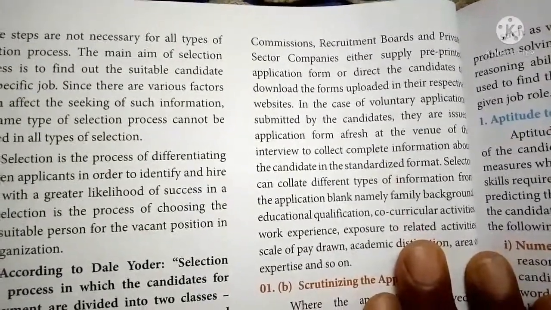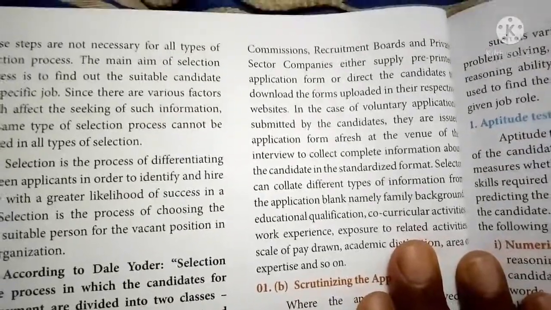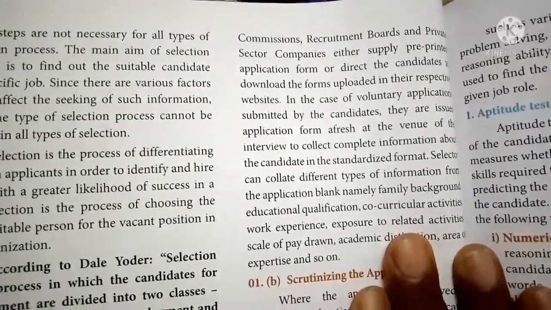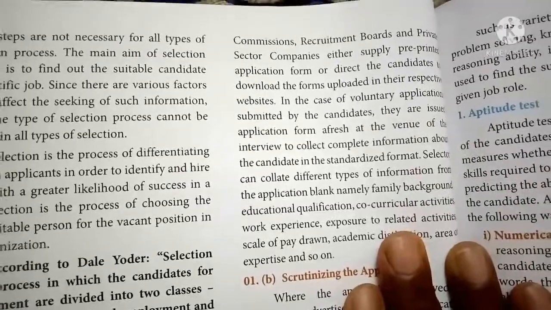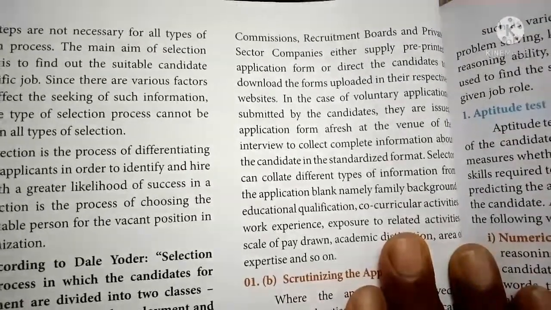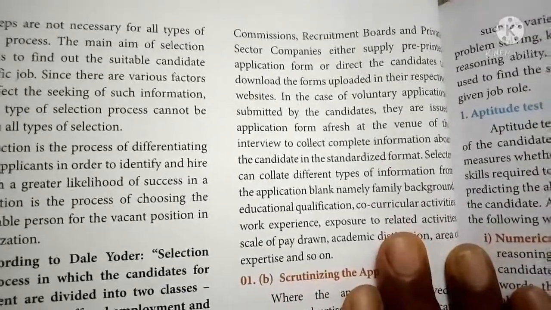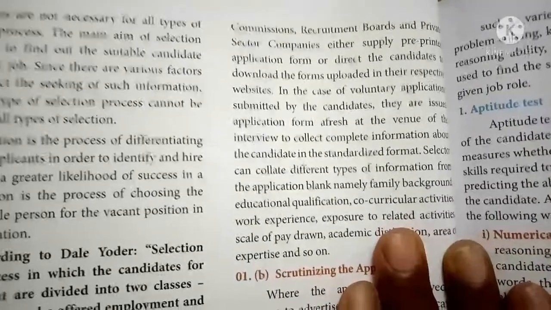In the case of voluntary applications submitted by the candidate, they are issued an application form afresh at the venue of the interview to collect complete information about the candidate in the standardized format.